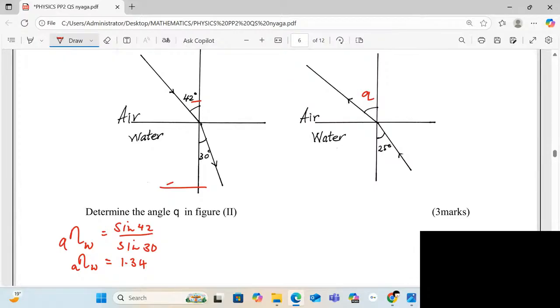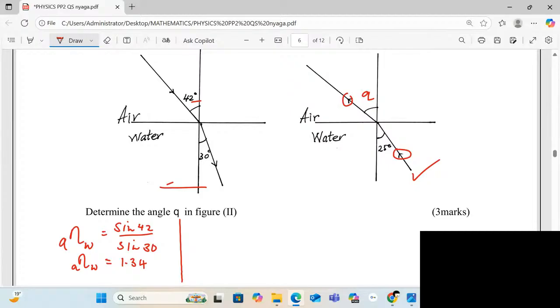Now, through the principle of reversibility of light, we are changing the direction of the light. So now the incident ray is from water and then it is getting through air. That is why you can see we are having the direction change in this manner. Therefore, when it is reversed, the refractive index is supposed to be the inverse.